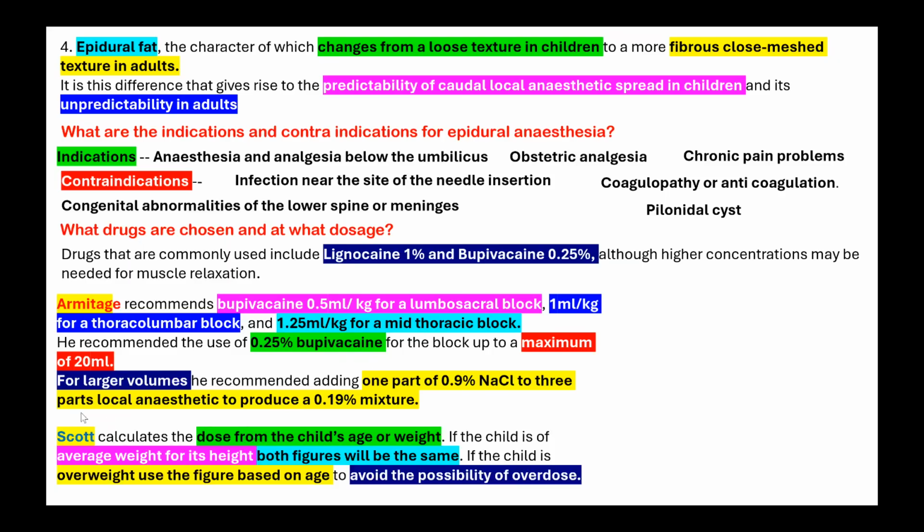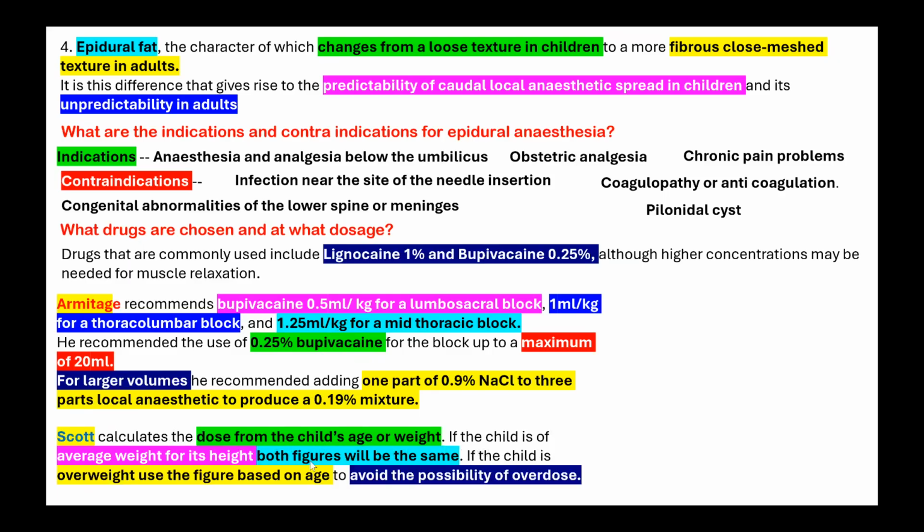Then Scott is another person who said that the Armitage formula sometimes becomes erroneous in obese children. When the weight of the child is very high, then basing it only on the body weight becomes erroneous. So he said you have to take into account both the age and weight.